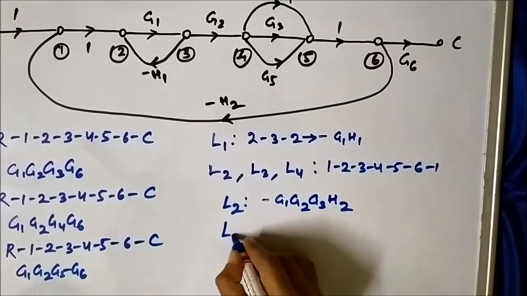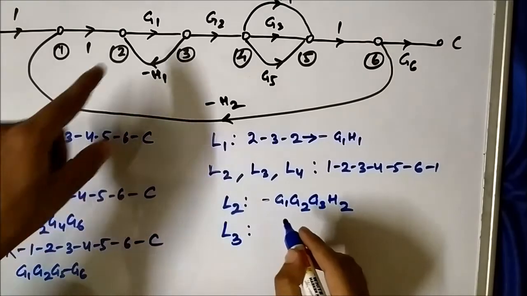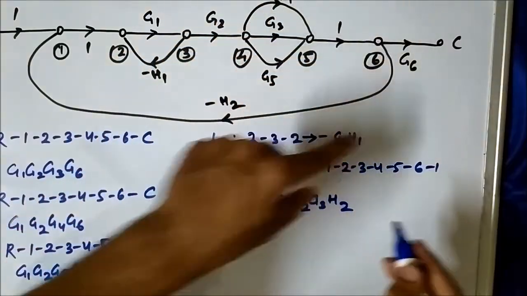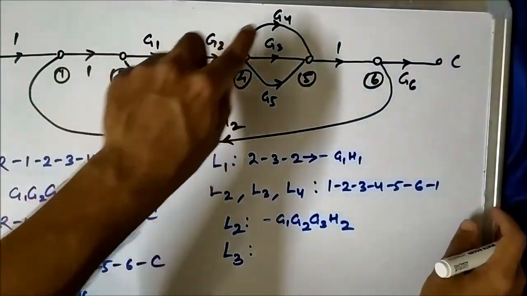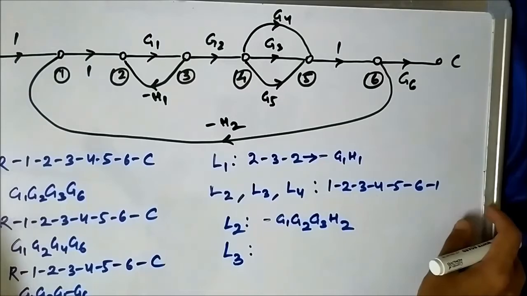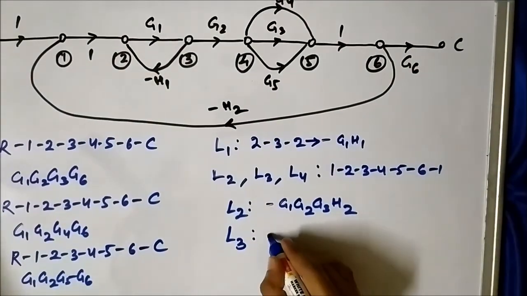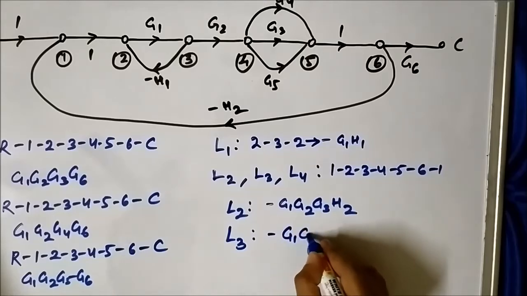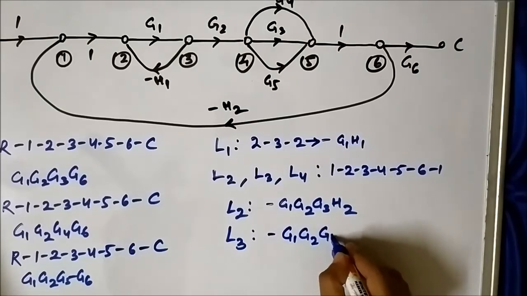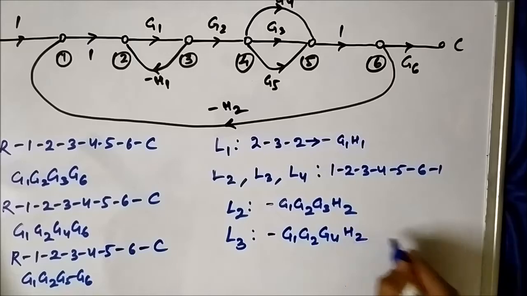For L3 it will be G1, G2, G4 into minus H2, so it will be minus G1, G2, G4 and H2.